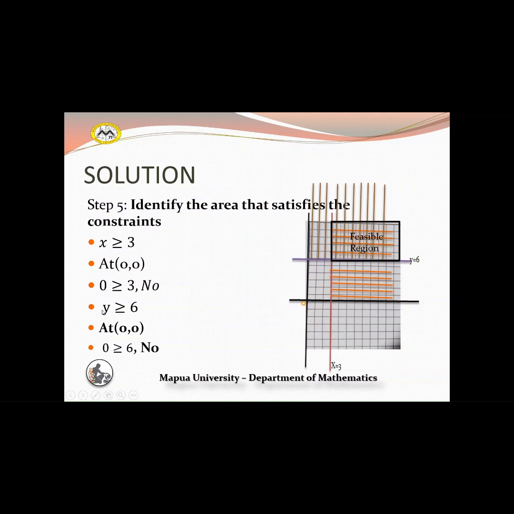Now, for the next constraint, y greater than or equal to 6, similarly using the testing point (0, 0), is 0 greater than or equal to 6? The answer is again no. Then from the boundary line y equal to 6, we shade the half-plane region excluding the point (0, 0) again, which is our testing point.